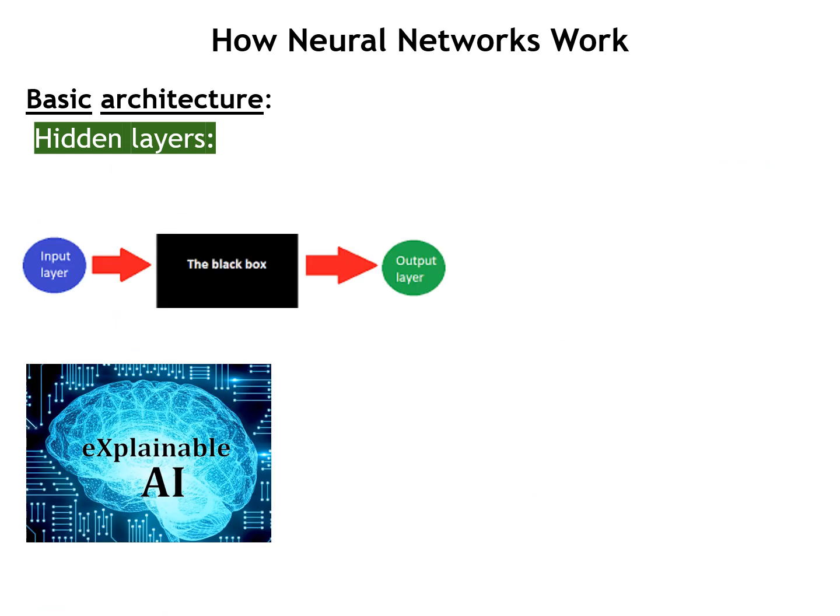Okay, so now we're going to talk more about these hidden layers. Here you can see three diagrams: the input layer that we already talked about, a black box that is the hidden layers, and the output layer. The two layers, the beginning and the end, are very clear: the data that we're putting in and the answer. However, the hidden layers are not completely understood.